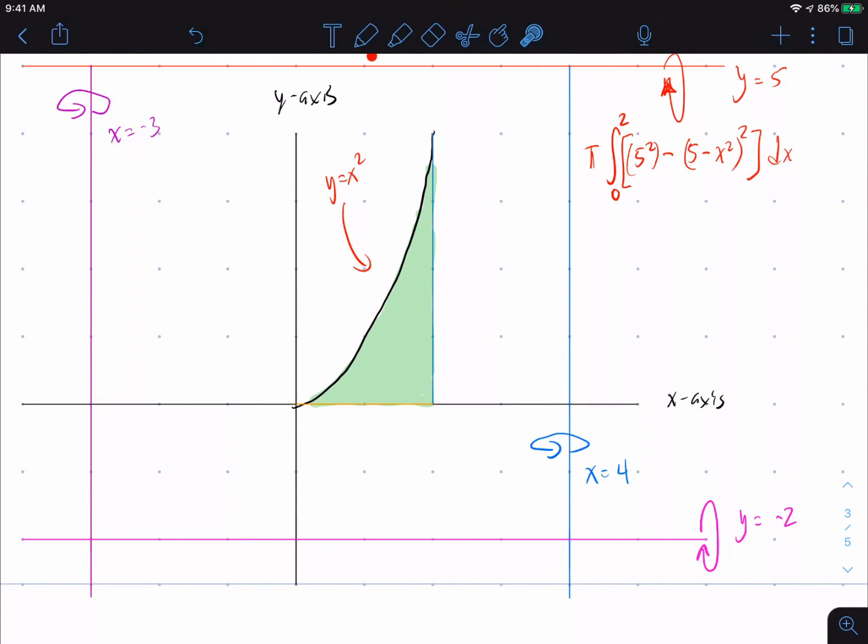And so that's going to be 5 minus, how high is that? How high is the function? The function's x squared. So it's going to be 5 minus x squared, right? And each one of those radii need to be squared, so that would be the setup for that one. Okay, which one do you want me to do next?